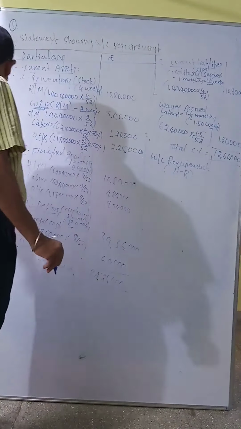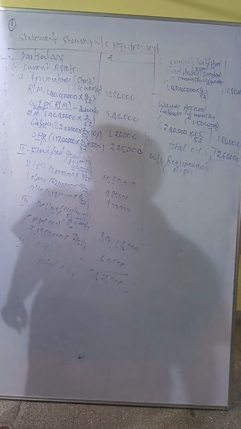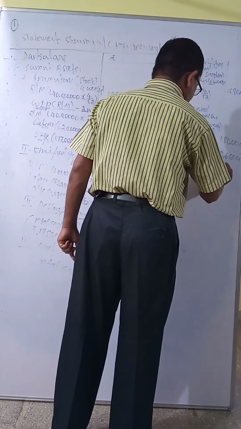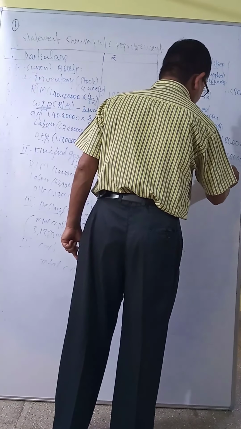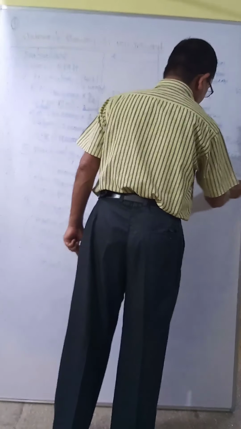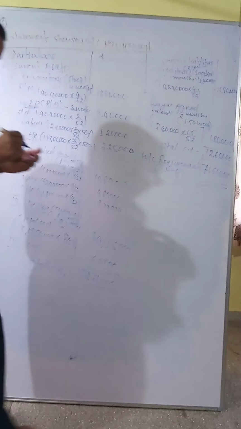This minus this, you will get working capital requirement, A minus B, 71 lakh 61,000. This is called working capital requirement.